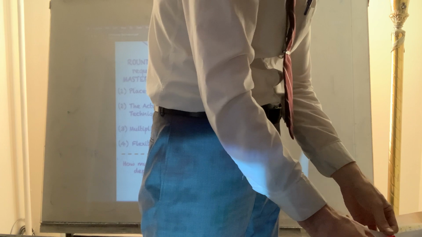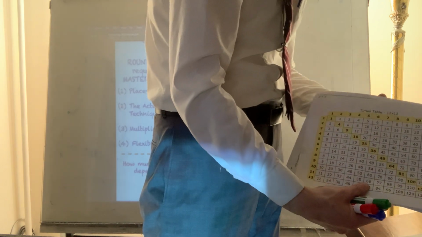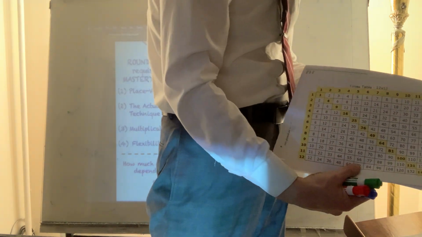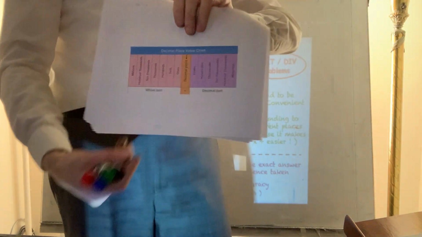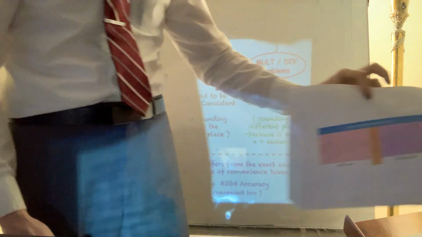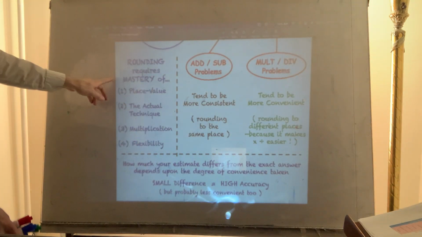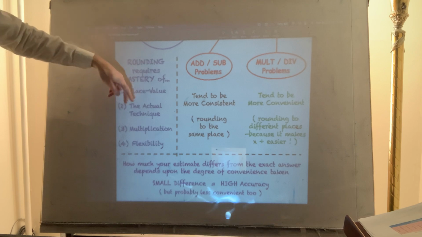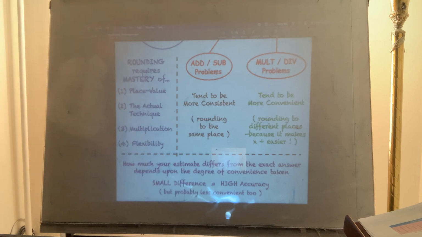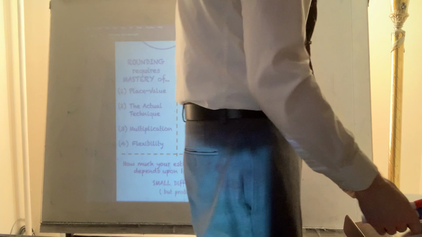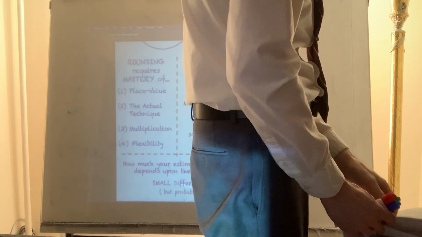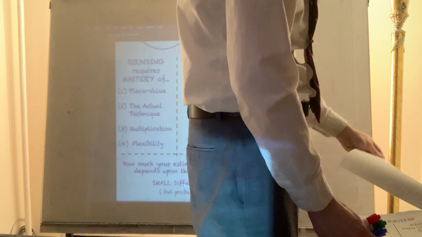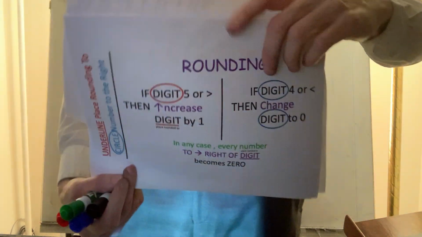So again, know the place values by heart, and then the actual technique involved, which is on the next page I'm going to show you, which is whether you round up or down.